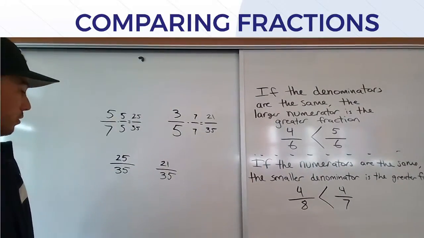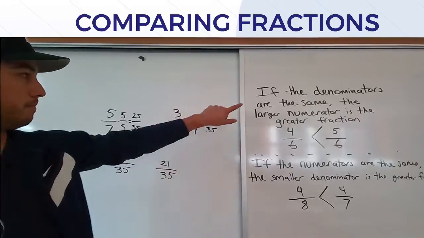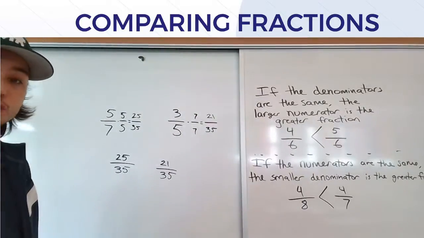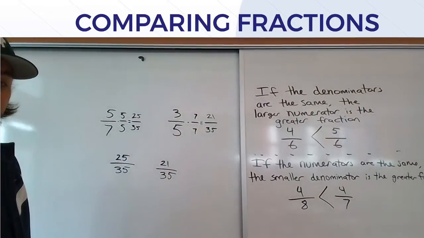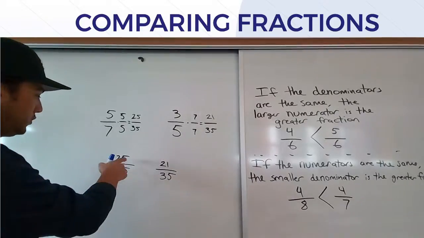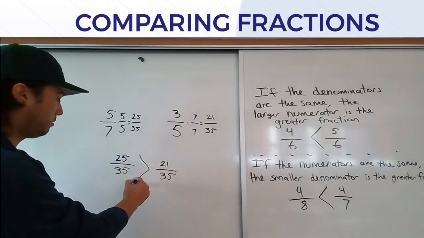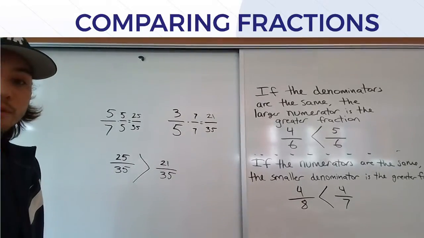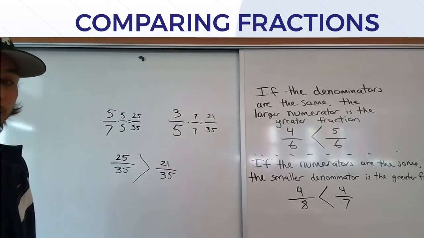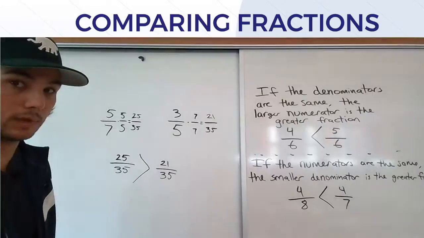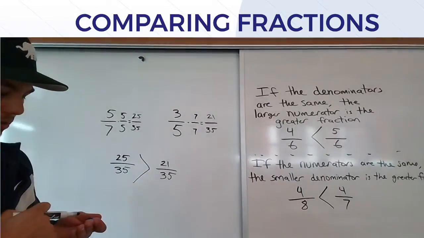Go back to our rule. Denominators are the same. The larger numerator is the greater fraction. 25 is greater than 21. Therefore, 25/35 is greater than 21/35. Okay? That's kind of a sneak preview of where we're going.